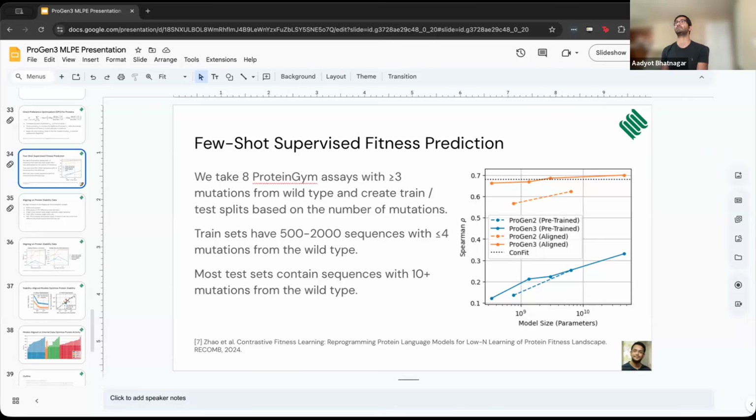More specifically, these 8 assays encompassed everything but stability. For stability specifically, I used the Megascale evals, but these 8 encompassed activity, organismal fitness, binding, and whatever the last one is in ProteinGym. I'm forgetting right now.